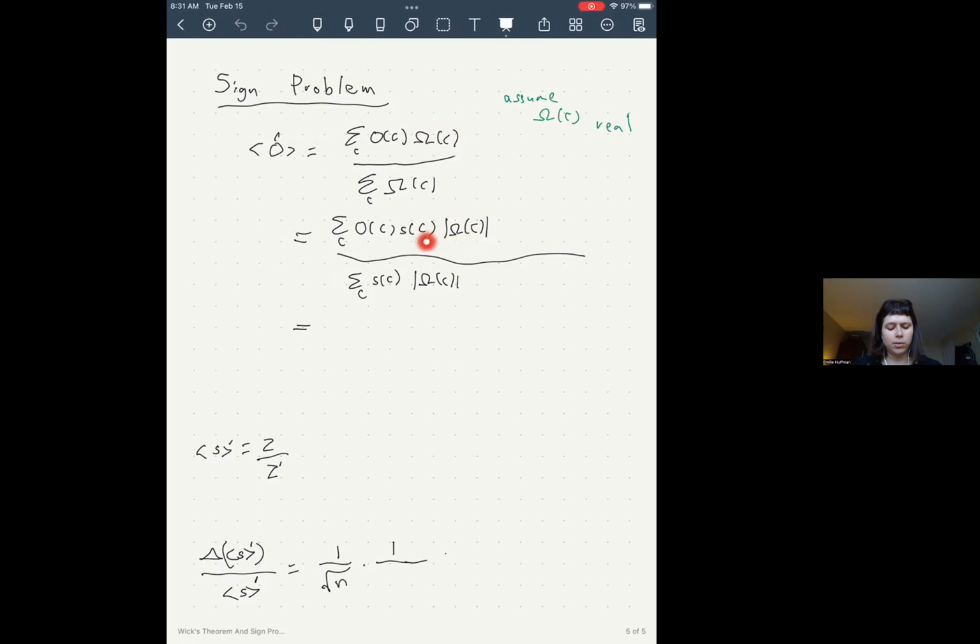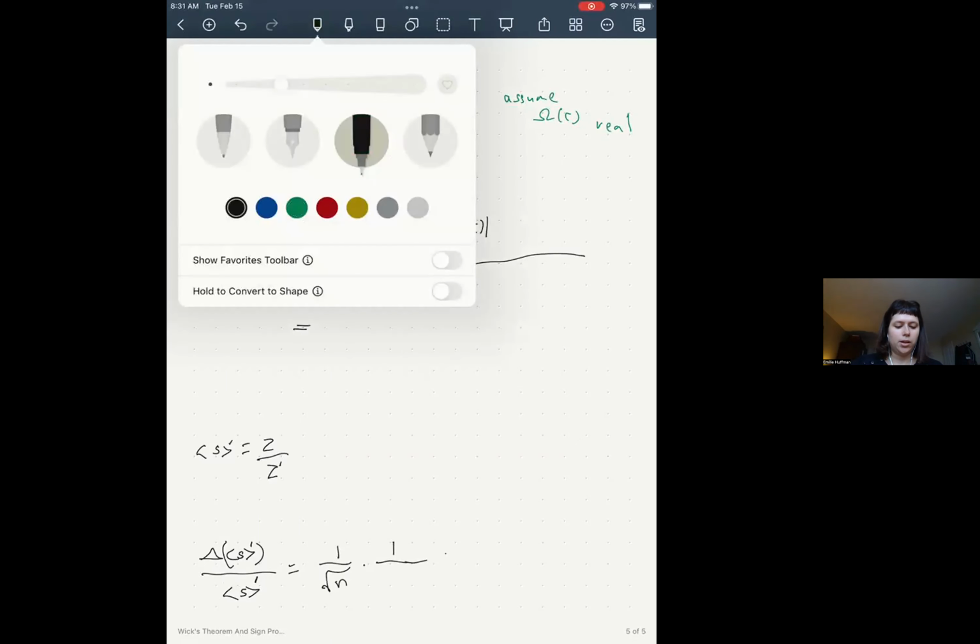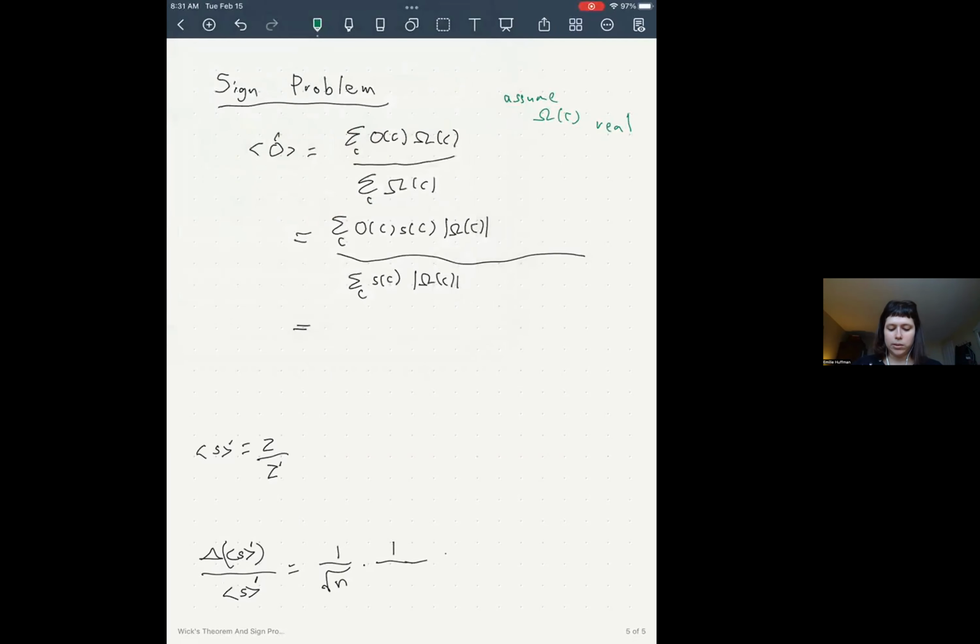So I haven't changed anything yet. And I did the same thing in the denominator too. Then I'm going to do what was shown on the slide with the reweighting, and divide both the numerator and the denominator by this sum of the absolute values of the configuration weights.